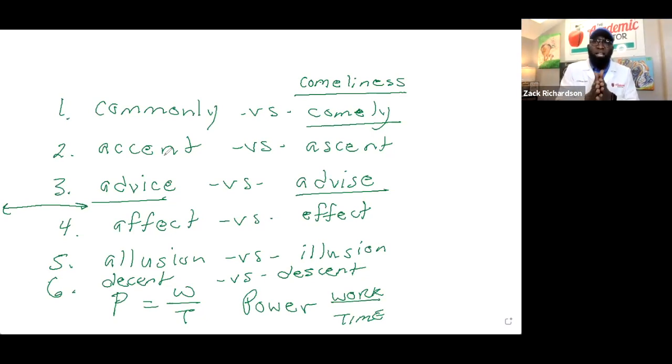The easiest way to think about advice on any standardized test is to think about an opinion. If I was to talk to one of my daughters and say, I'm gonna give you some advice about this little boy, advice is just an opinion. You can take my advice or leave it. But if I advise you to do something, that means that normally there are going to be consequences if it doesn't get done. I'll use it for an example.